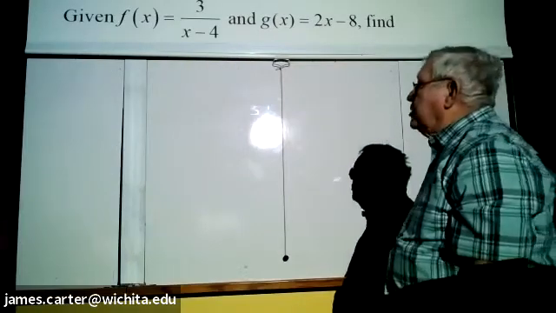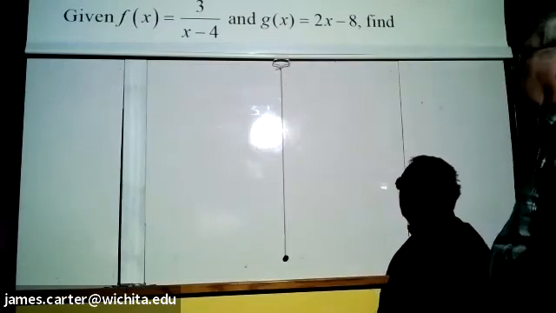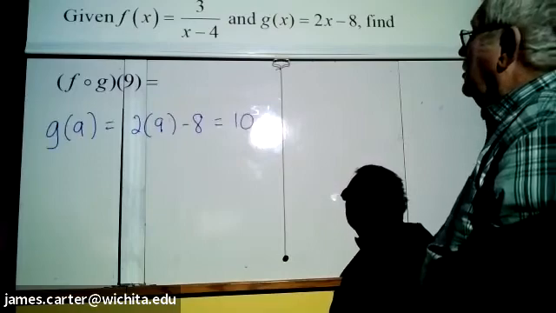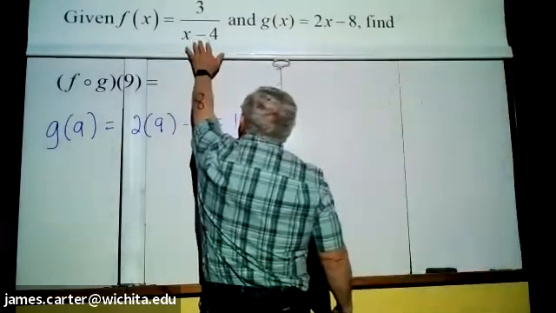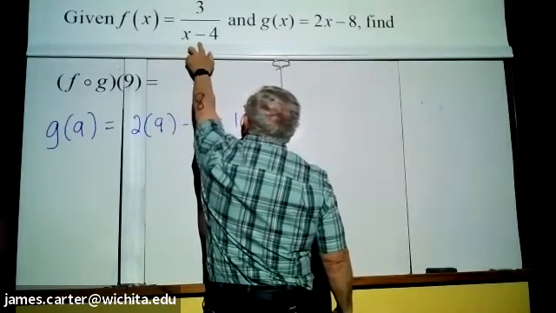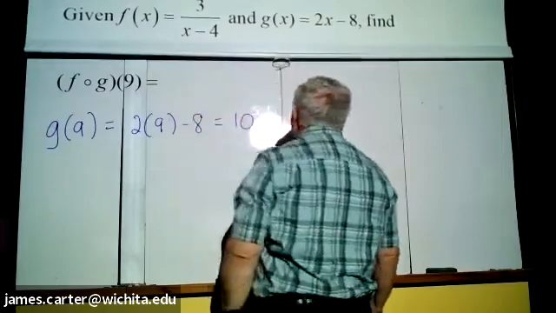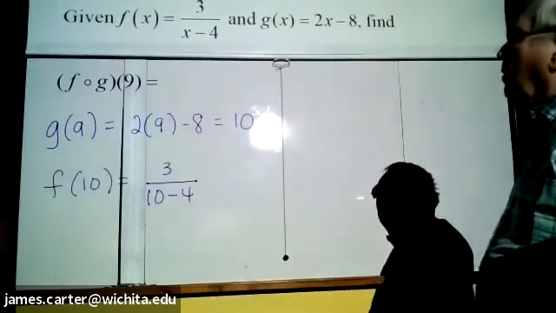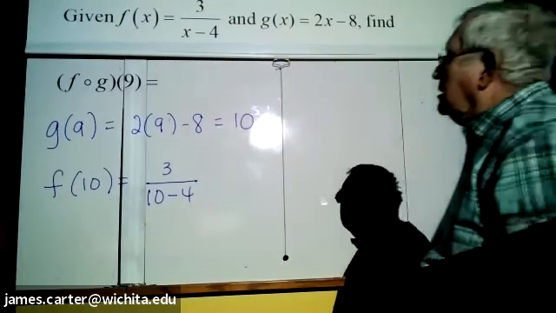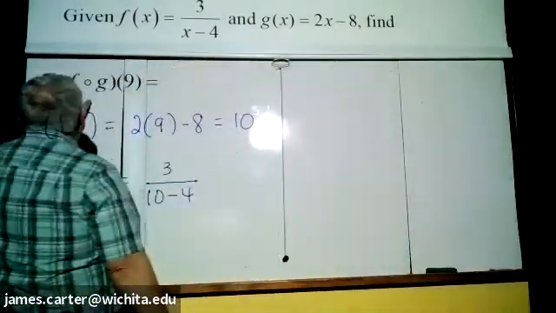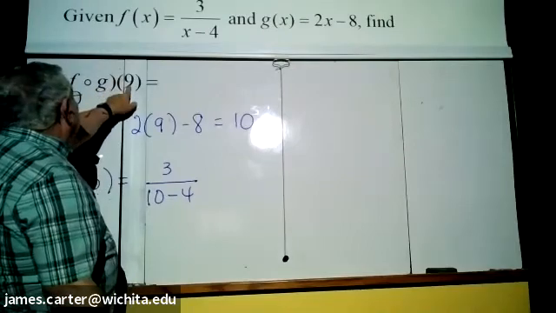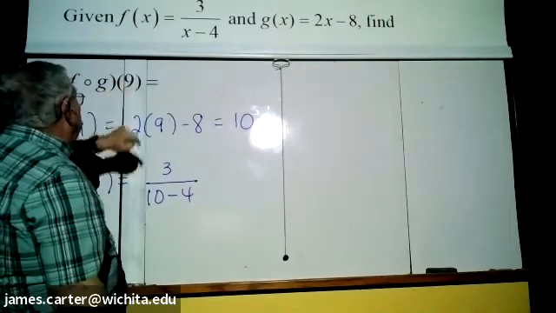Okay, now we've got a rational problem. Anytime we've got a fraction with variables in it, we have something we have to worry about: a domain check. X cannot be positive 4 because then we get a 0 denominator. And at some point, we need to make that statement. Now, in this case, they want us to find the f equation composed with g with a value of 9 for the g equation.